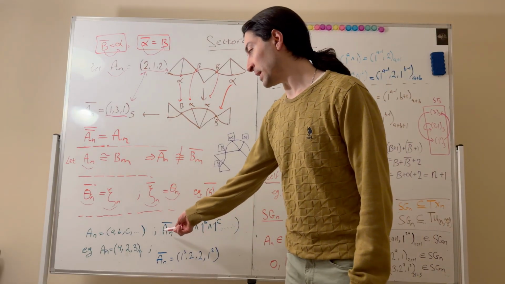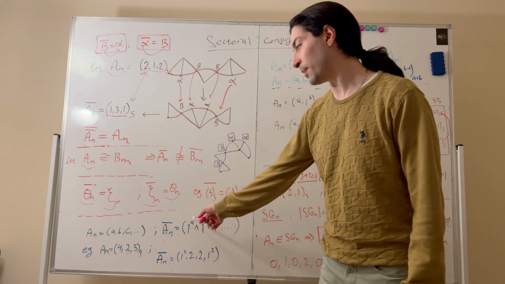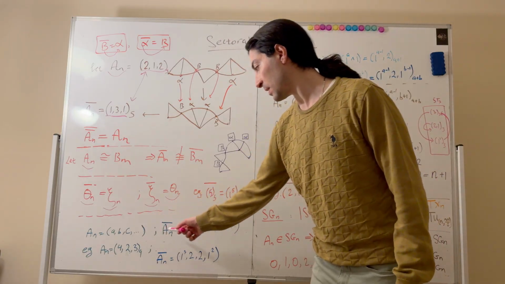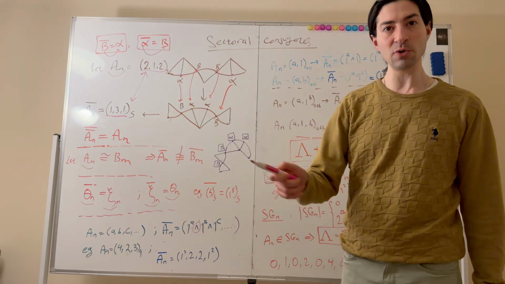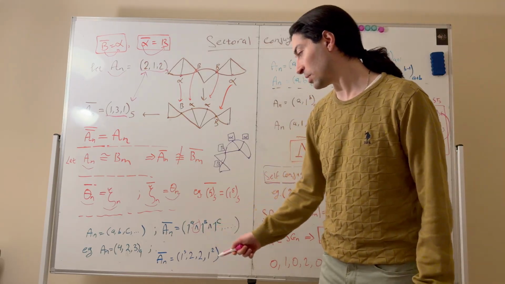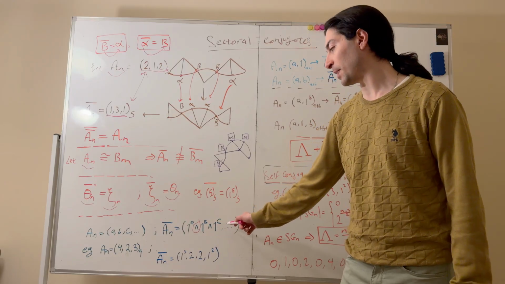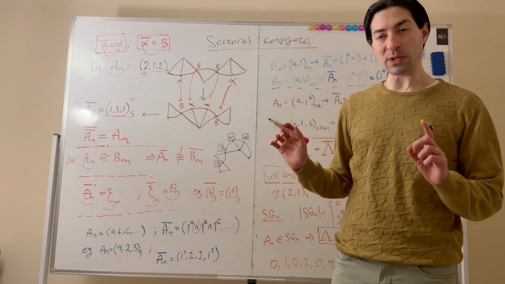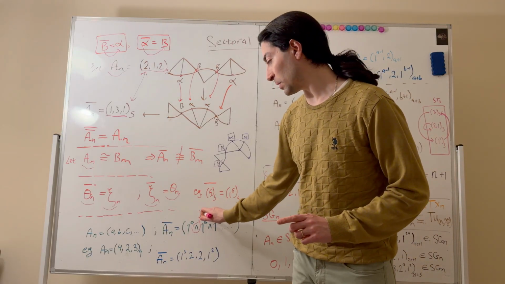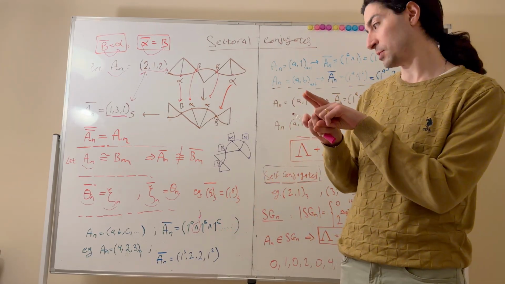Then the conjugate of AN will be 1 to the power of a, and then remember, this wedge symbol means is continuous with 1 to the power of b is continuous with 1 to the power of c, and so on. Now keep in mind, when we're indicating this continuity, we're talking about the two adjacent sectors.